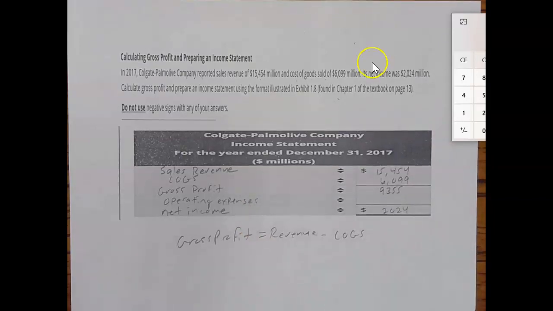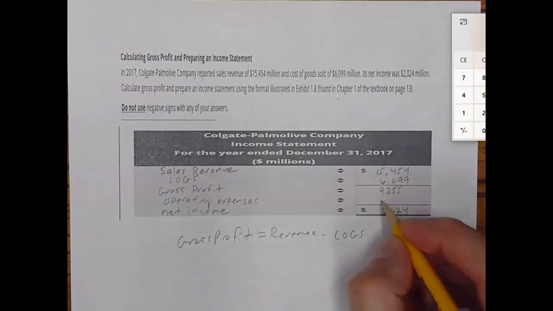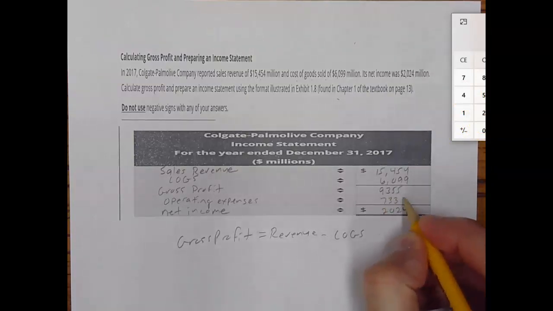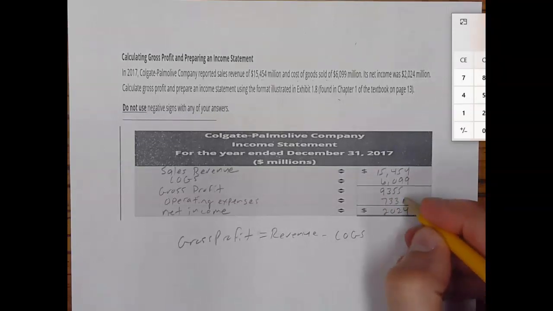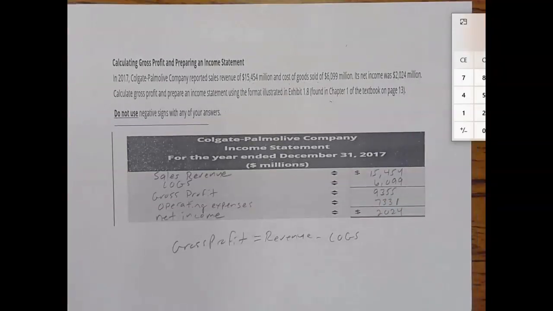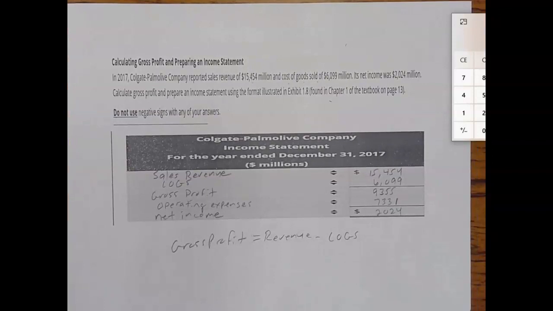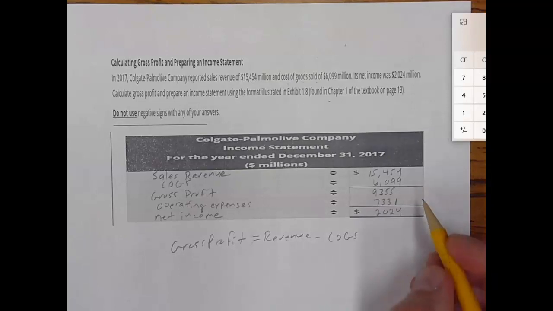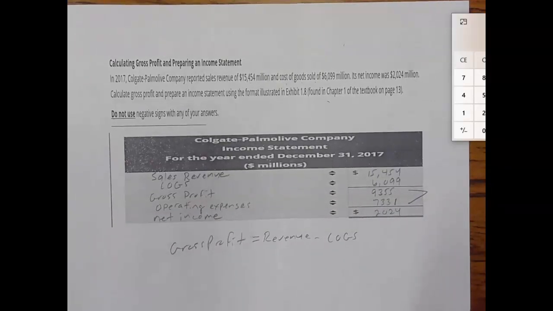But if our gross profit is $9,355, all we have to do is subtract out our net income to figure out what our operating expenses are. And that is it, and we are completely done. So we solved essentially for these two items right here.